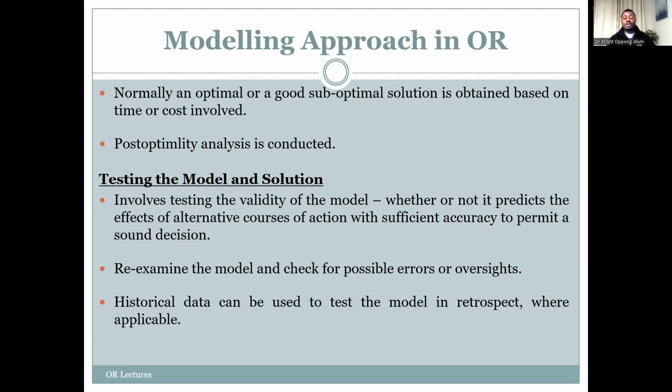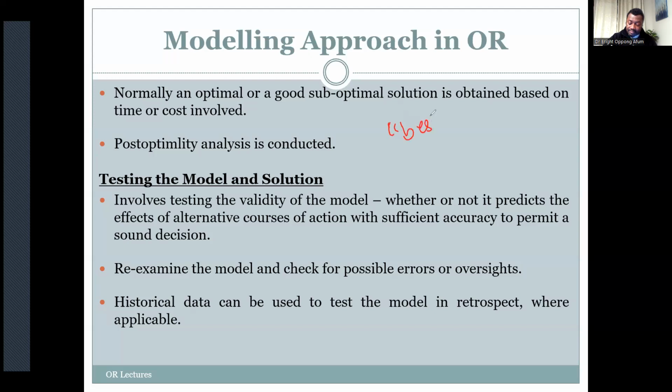We say optimal because it's usually not the best solution, let me put it that way. It's actually the most appropriate solution that satisfies all of them. So "best" is actually put in quotation marks.